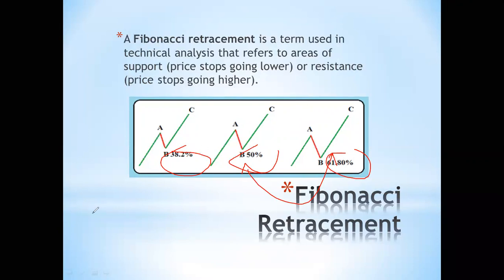If the market is trending higher, it might take two steps forward and half a step backwards. So if the market rises 100 pips, it might pull back 20 pips and then continue another move.